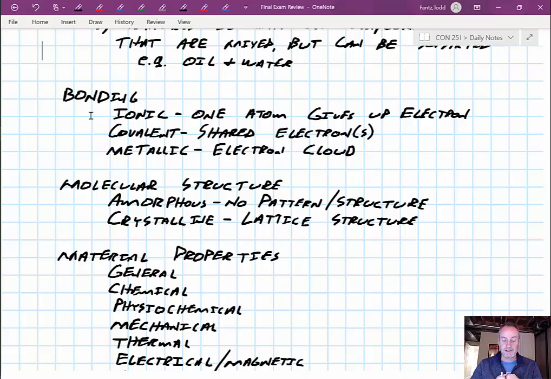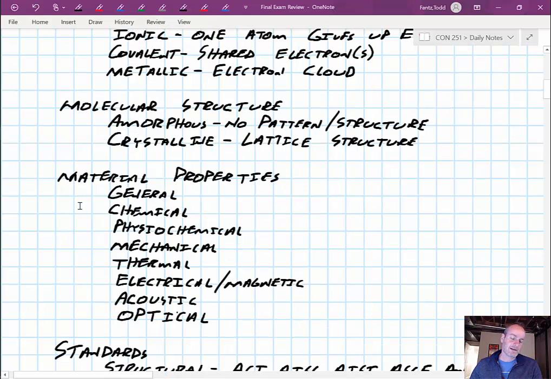Talked about covalent bonding, where they're sharing some electrons, and metallic bonding, where there's like an electron cloud going around all of your atoms. Talked about molecular structure, 2 types, amorphous and crystalline. Amorphous means there's no pattern, versus crystalline means there's a lattice structure to it. Metals fall under that crystalline type of lattice structures. In fact, I think we even had a slide showing various metal lattice structures.